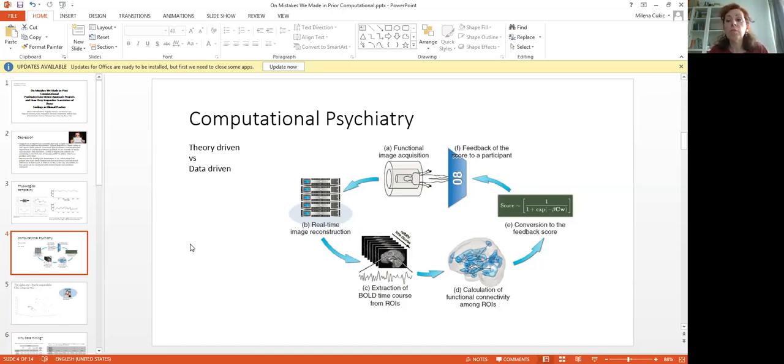But we are mostly opting for a data-driven approach, where we are just using low-dimensional data, because MRI or techniques like this are simply too expensive to do every day.